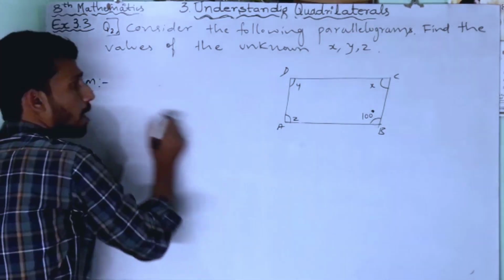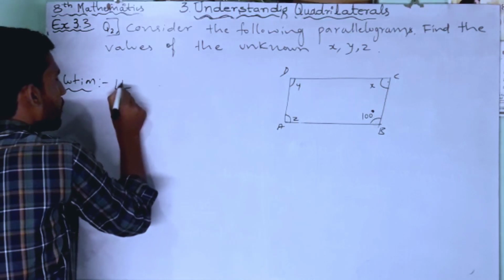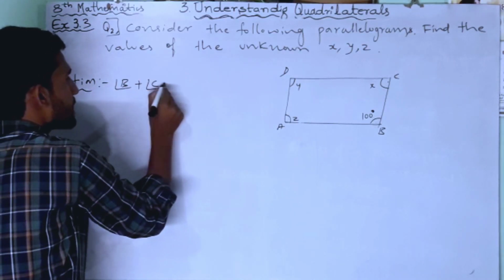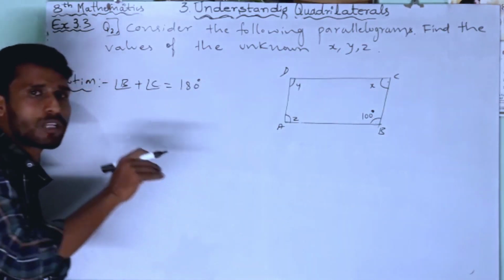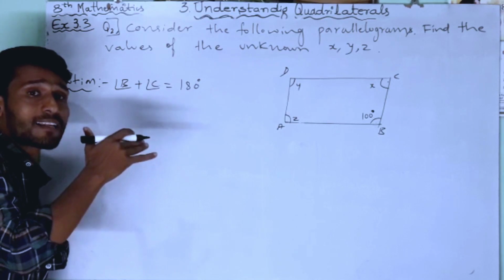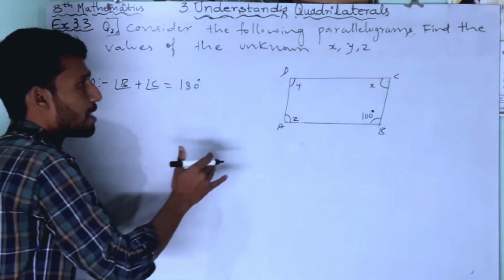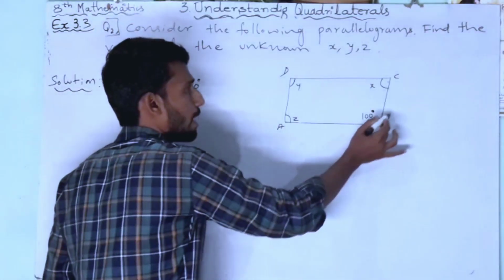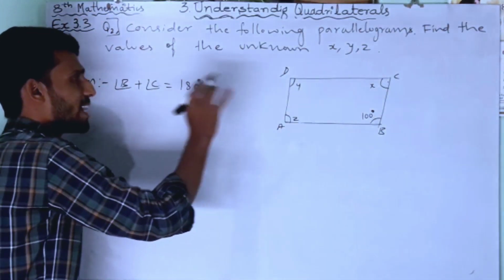Let us see. I am taking here angle B plus angle C is equal to 180 degrees, according to the property that the adjacent angles of a parallelogram are supplementary. When the adjacent angles in a parallelogram are supplementary, that is 180 degrees.